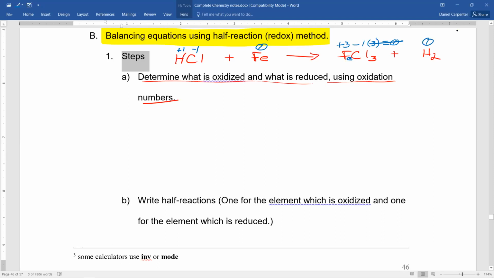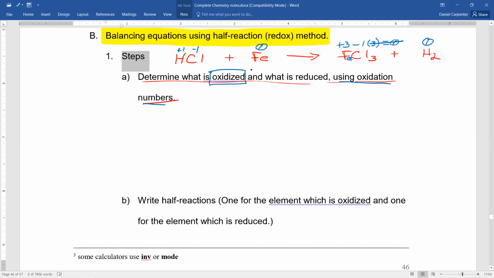Now, I know that I whipped through this. It's supposed to be review. You're supposed to, by now, have some idea what's going on with that. So now I've used the oxidation numbers, and I have to see what is oxidized.